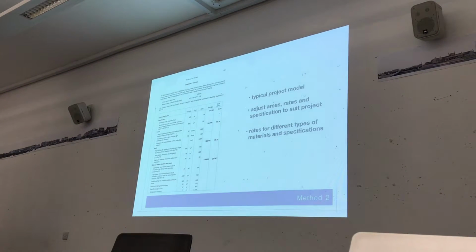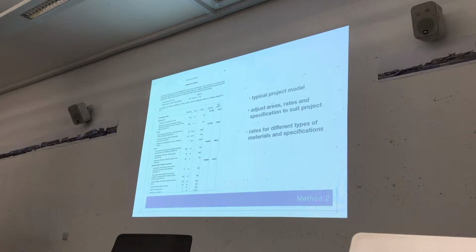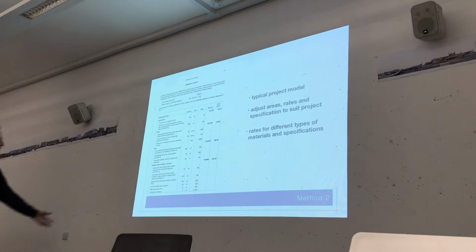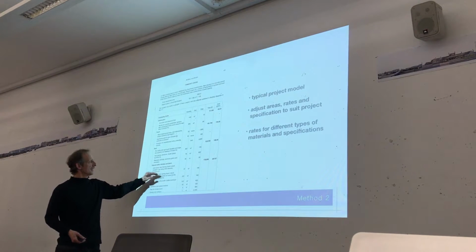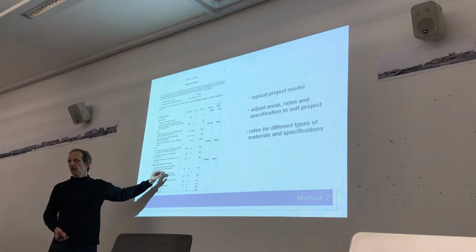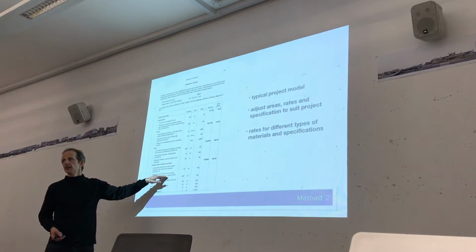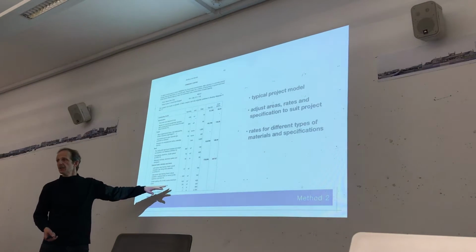So you'll find that there's office buildings, schools, factories, community centres, sports centres, and it's basically a spreadsheet that's already completed, and you would use that as the basis, and then you just change any elements that aren't what you're doing.